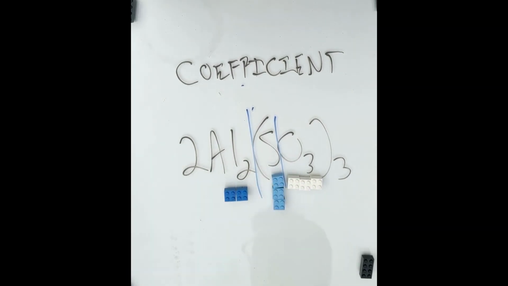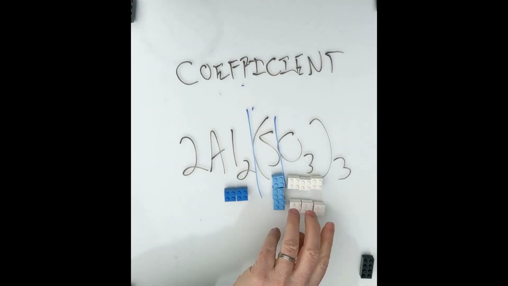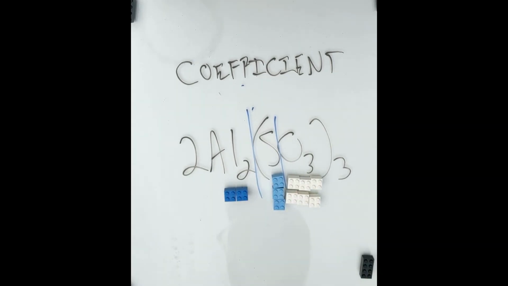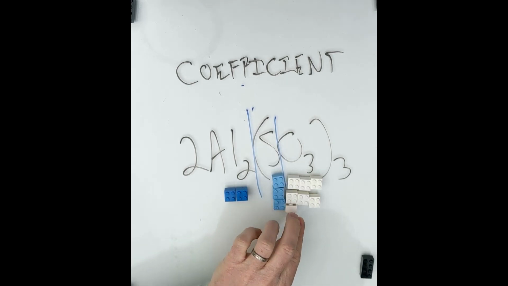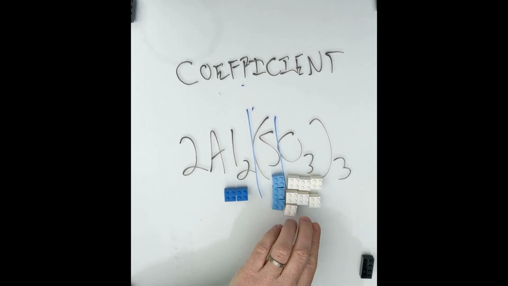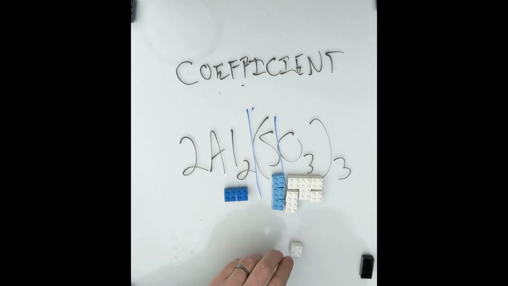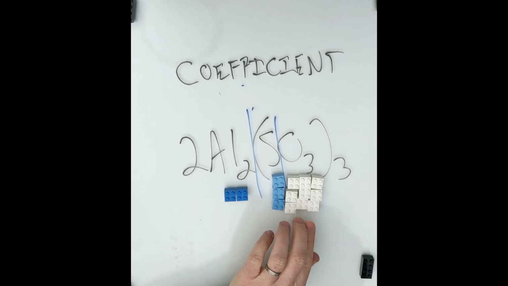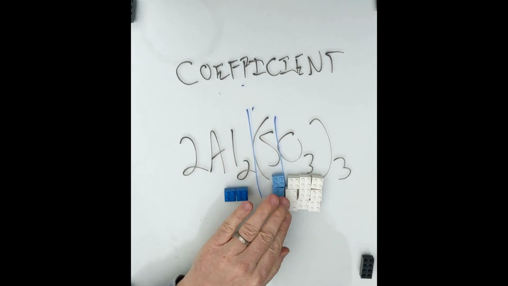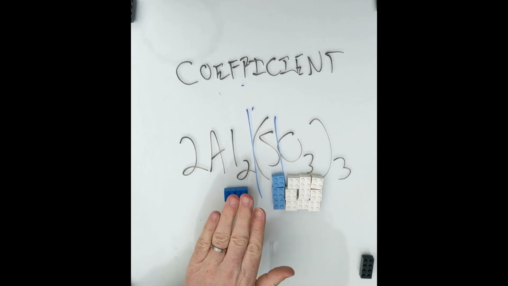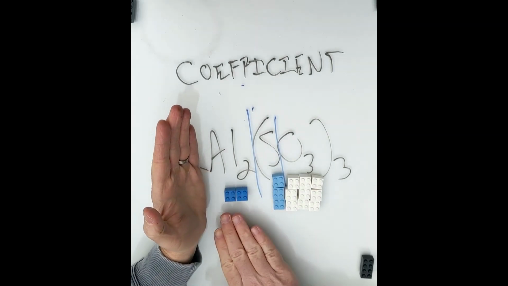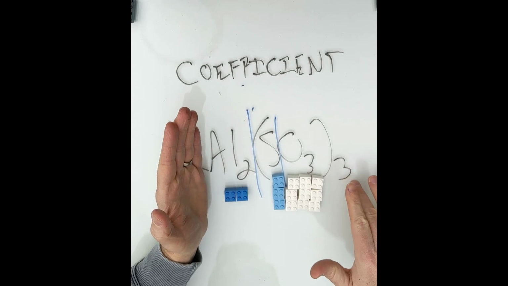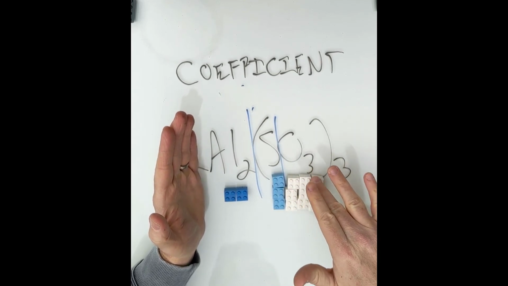So 3 sulfur, and then 3 more oxygen, and then again 3 more oxygen. Okay, so the total: 3 sulfur, 9 oxygen in this formula. 2 aluminum, 3 sulfurs because of the 3 outside the parentheses, and 9 oxygens.